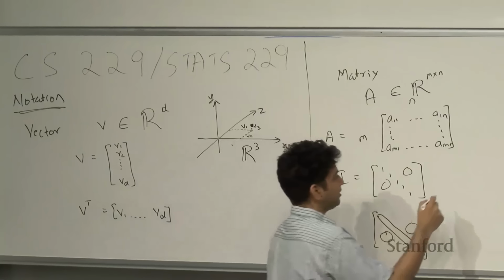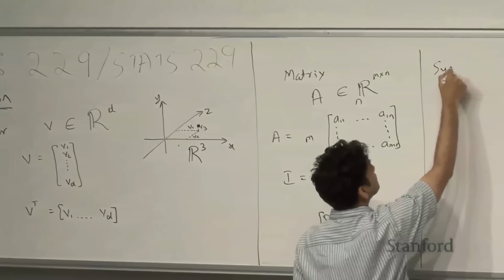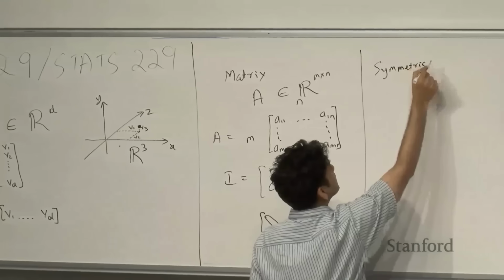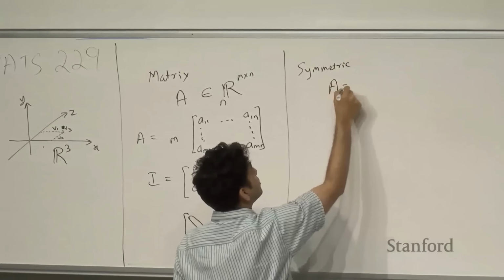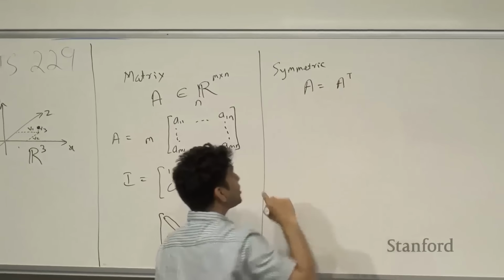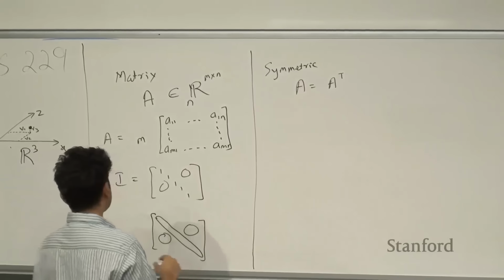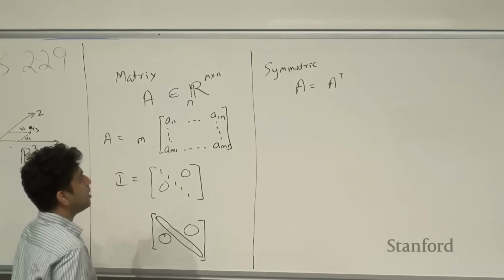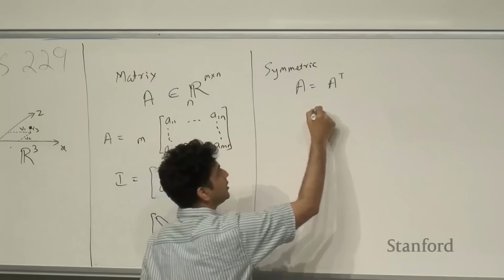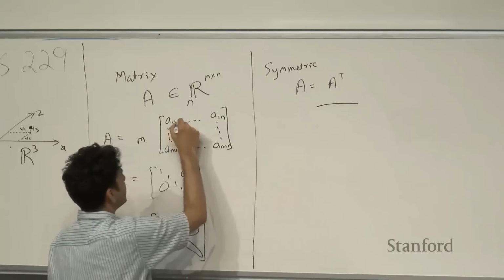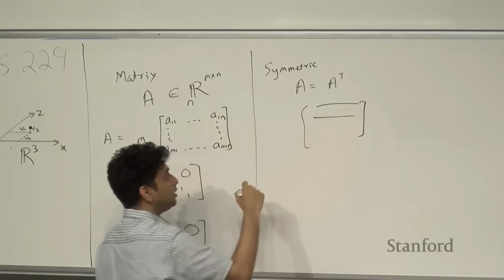There's something called a symmetric matrix, where A equals A transpose. What is transpose? Switching rows and columns, exactly. For the transpose of a matrix, take the first row and the first column and treat it as the first row of the transpose, then take the second row and second column and make it the second row, and so on.